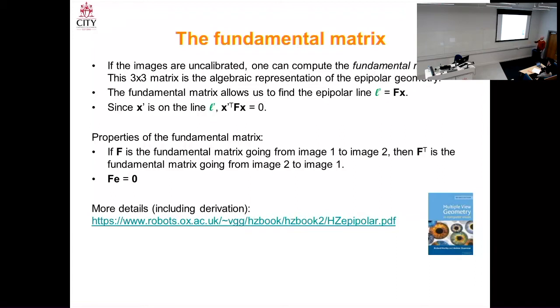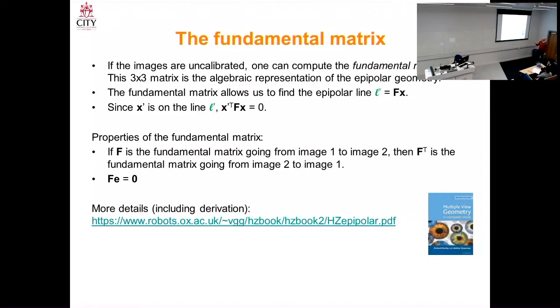So the fundamental matrix, it's got a lot of properties and it's super interesting. If you'd like to know more, I'd recommend checking out this book. It's called Multiple View Geometry. It's by Hartley and Zisserman, and they wrote a very detailed book about how to understand the geometry of multiple views.